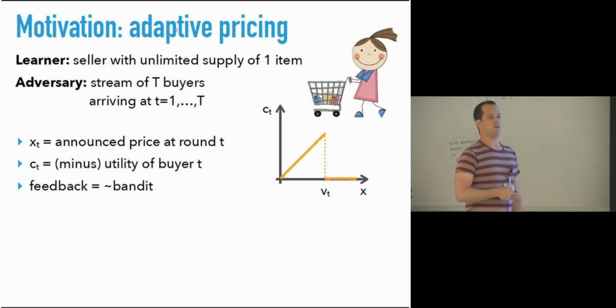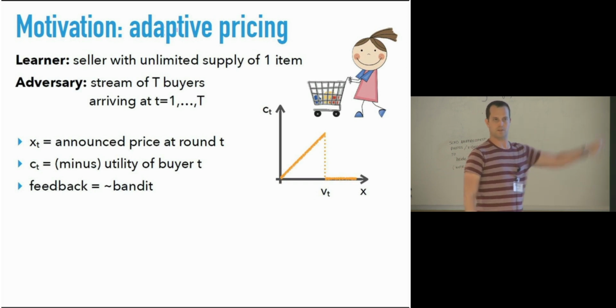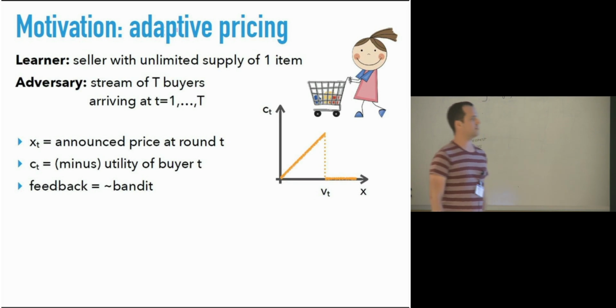And ct, the loss function, is the negative utility of buyer t. So ignore the fact that these are reward functions rather than losses. The loss function looks like this. It's linear up to the private value of the buyer, which is the maximal price he is willing to pay. And from that point, it's 0. So this is the kind of loss function used in this application.